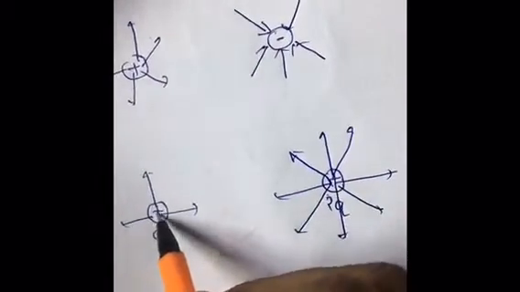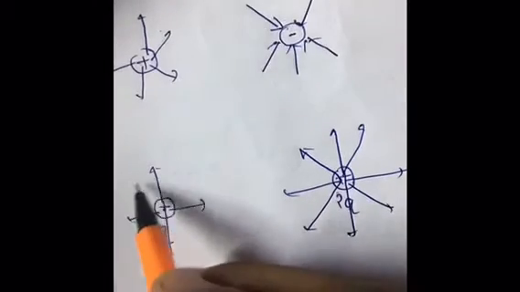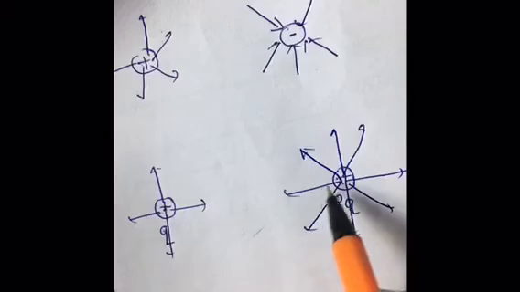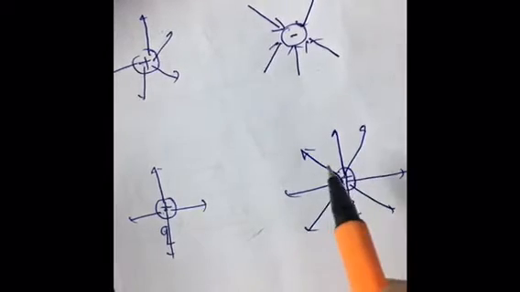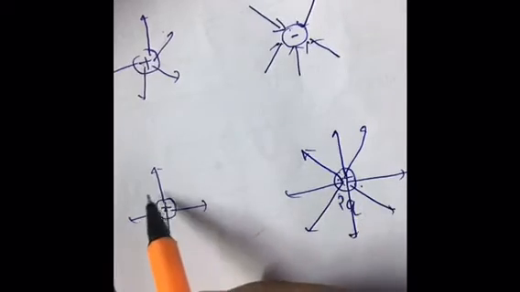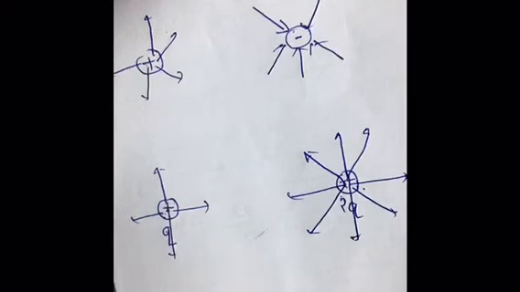If there is 4, then there will be 8. If from charge q there are 2 electric field lines, then here there will be 4 electric field lines. So if the magnitude of charge becomes double, the electric field lines also become double.